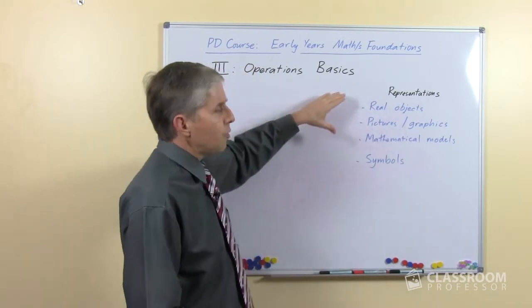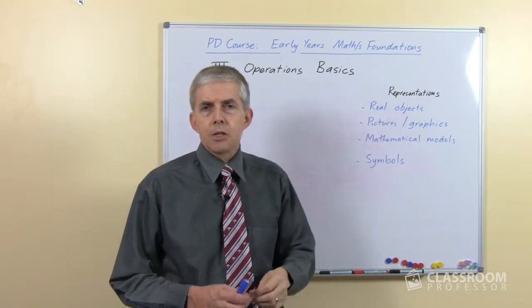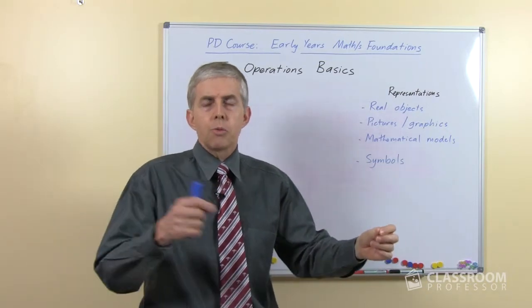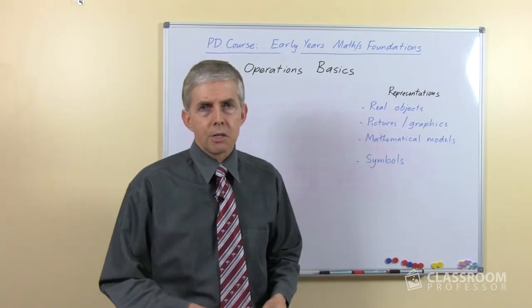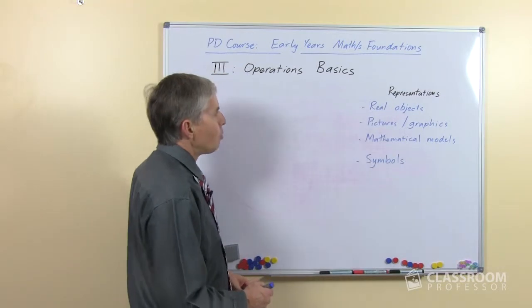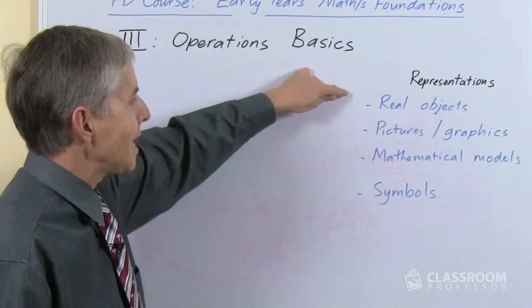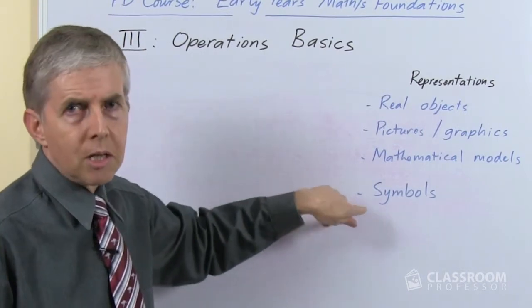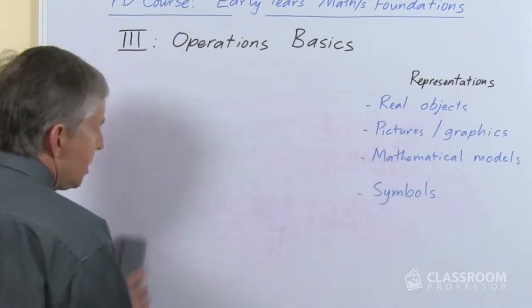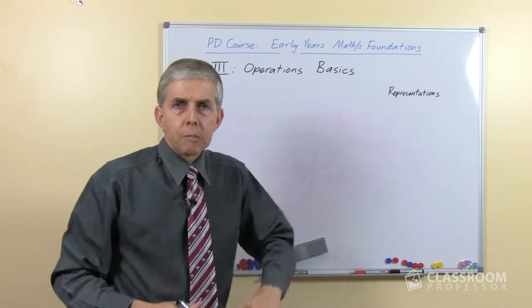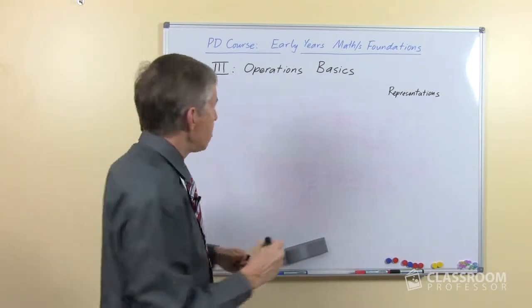So as I said before, we could make a continuum on which we can place various representations. And what we need to keep in mind about that is that we're aiming to get to the symbols because they are the most abstract. Now we can place the representations along a continuum.